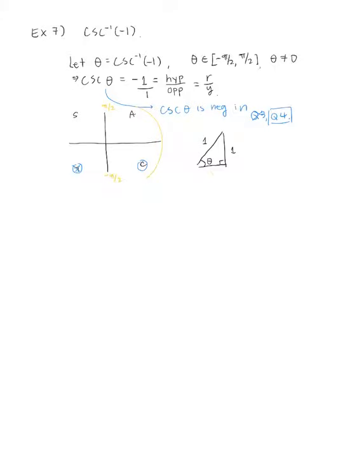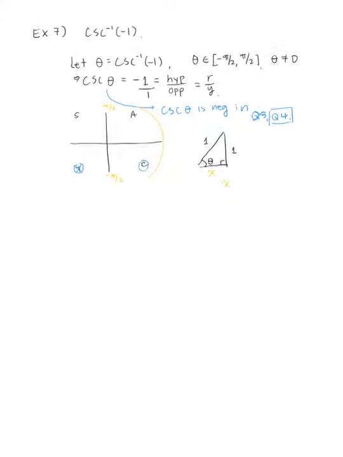Now let's call the bottom length x. So how do you determine x? First, remember, hypotenuse squared equals x squared plus y squared. So our x squared is going to be 1 minus 1, which is 0. That means, oh no, x is going to be 0.